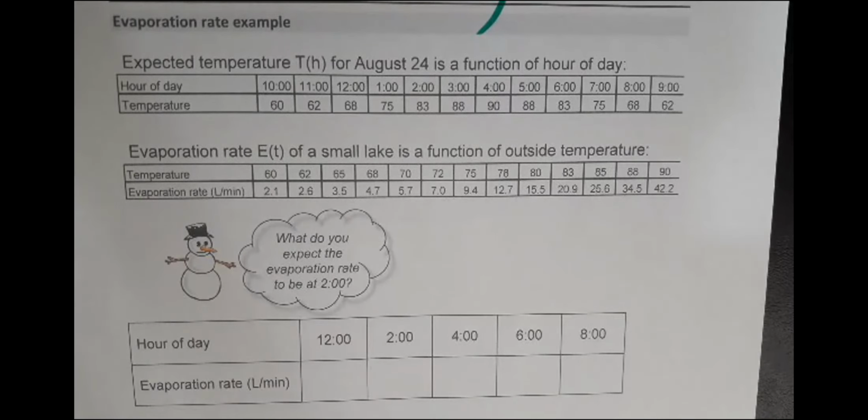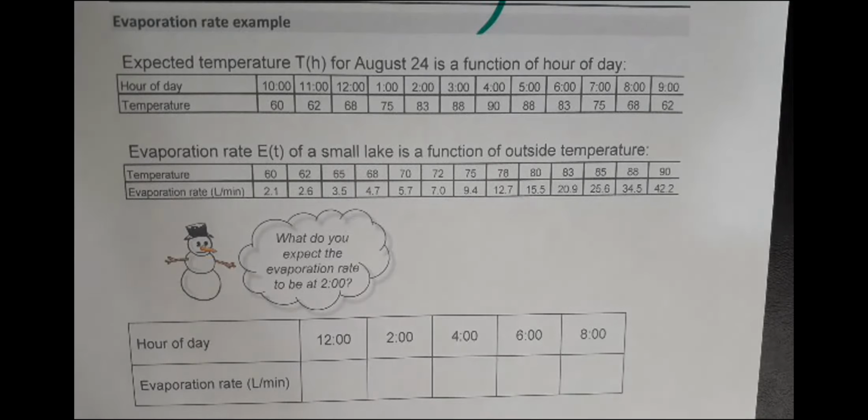And so we want to look at evaporation rate. We're going to start off with the word problem, and I got a little snowman melting away there. They're looking at the hour of the day and they want the evaporation rate. They give us 2 functions: one gives the temperature, and then they give us the evaporation rate based on the temperature.